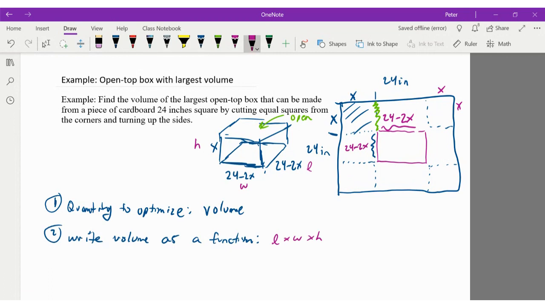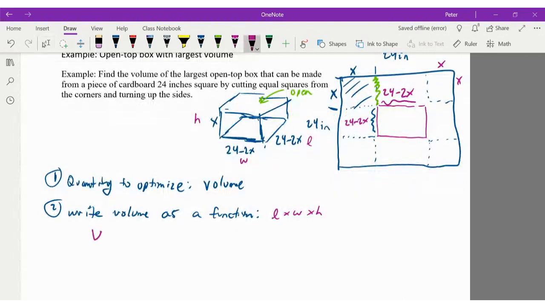So I'm going to write the volume of the box, color consistent. The volume of the box as a function of x is going to be 24 minus 2x, 24 minus 2x, times x, where this is the height, this is the width, this is the length.